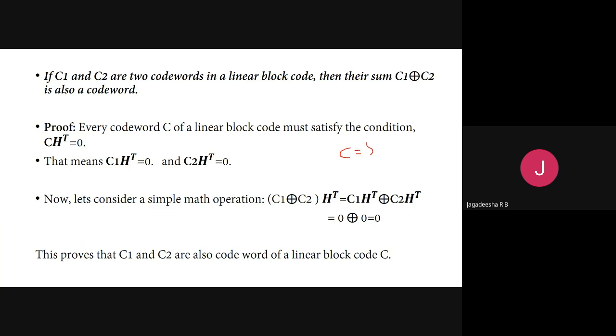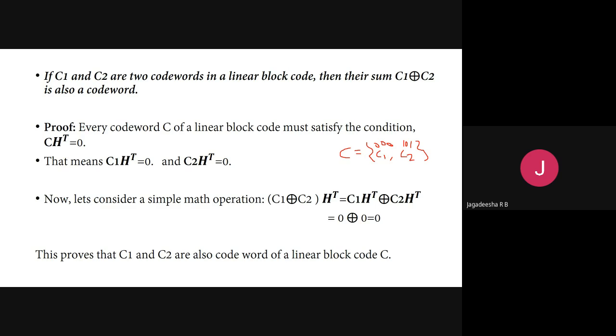It has some code words, C1, maybe 000, or C2, something else, maybe 101. So C basically here has two code words, C1 and C2.